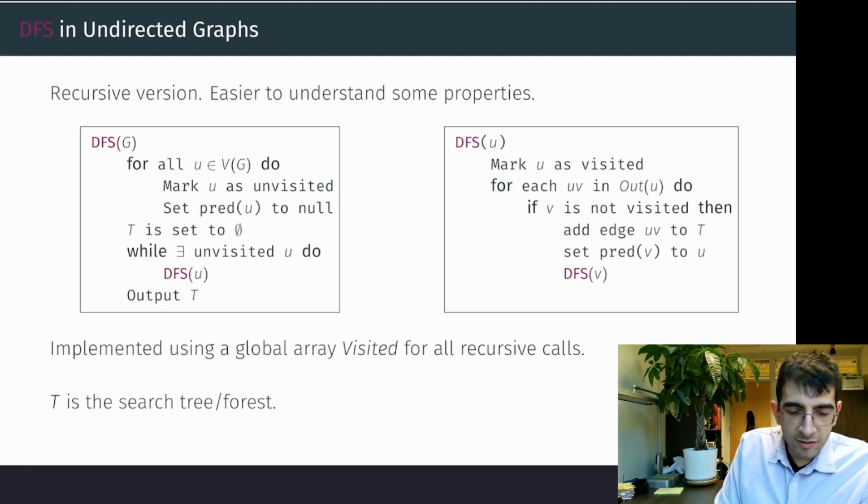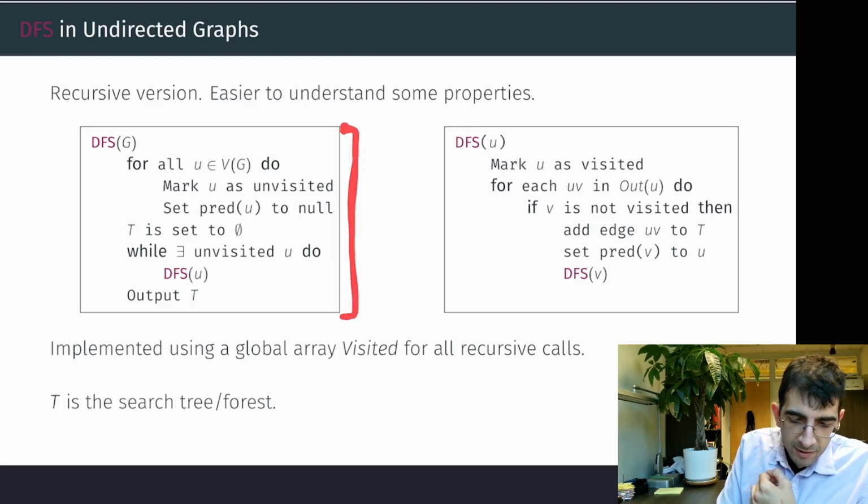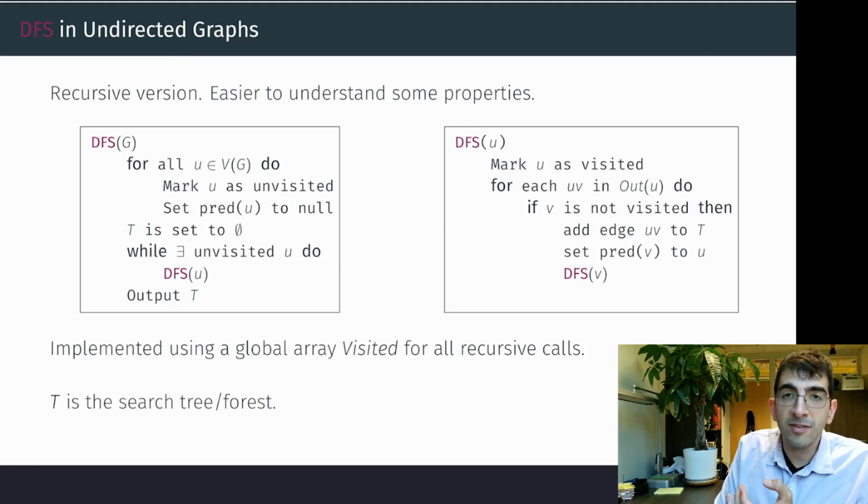Depth first search can be written as a recursive algorithm, and the beauty of the way it's written is that you don't have any data structures to store the particular vertices that you need to visit next.